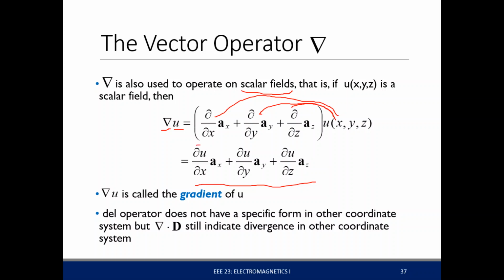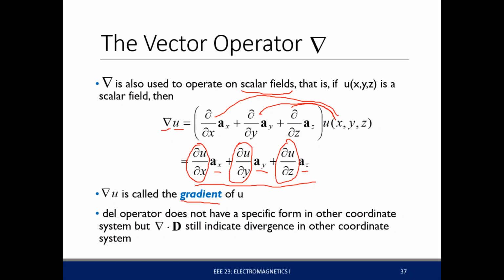This characterizes the change in your scalar field in the x direction, this the change in the y direction, and this the change in the z direction. We call this the gradient of u. Okay? So it characterizes the change along different directions of your scalar field.